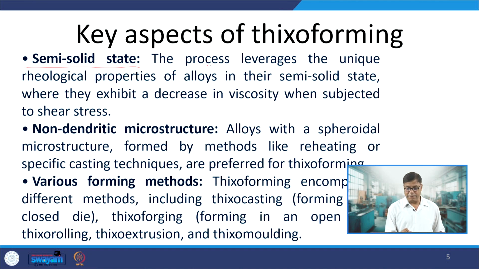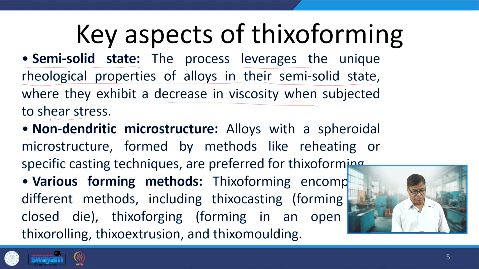This processing of the metal in the semi-solid state leverages the unique rheological properties of the alloy in the semi-solid state, where they exhibit decreased viscosity when subjected to shear stresses.